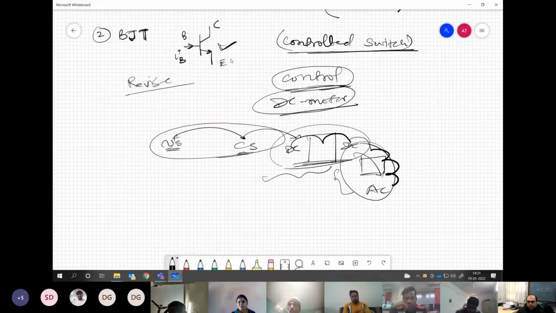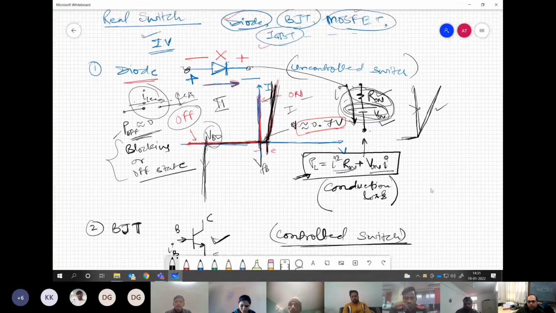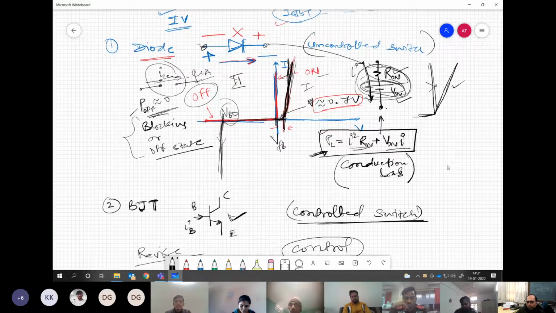Sir, yes, Sampath. Sir, can you repeat the second quadrant point? Which second quadrant point? Sir, in the diode, as you mentioned in the last class. Yeah. So what did you not understand in this? Sir, the characteristics are in the first and third quadrant.